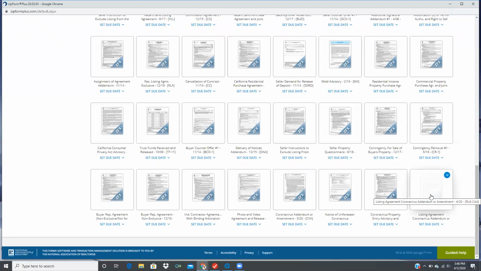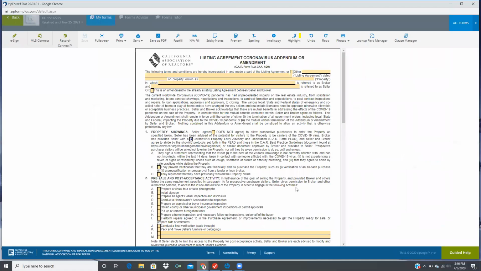Back to the first one real quick, as it does talk about the guidelines set forth by C.A.R, which they state actually right here. So it says seller and broker agree to abide by showing protocol set forth by the PEAD and those in C.A.R best practice guidelines document found at, it gives you the link, or similar document approved by broker and provided to seller.